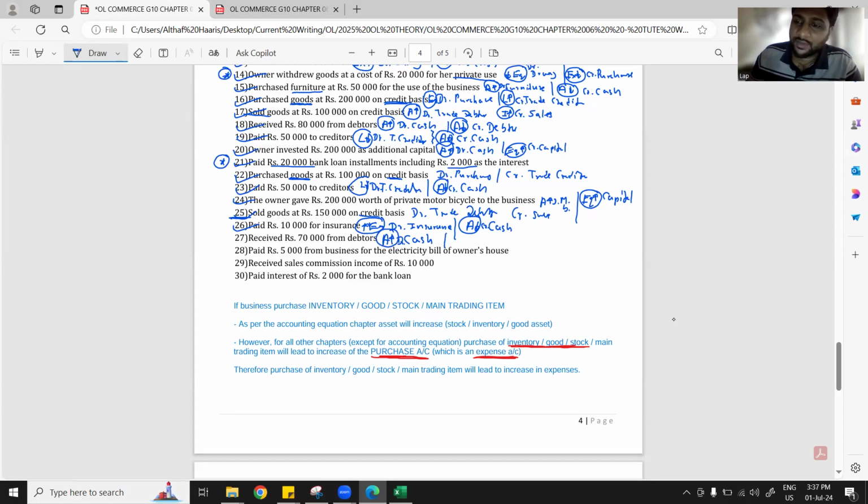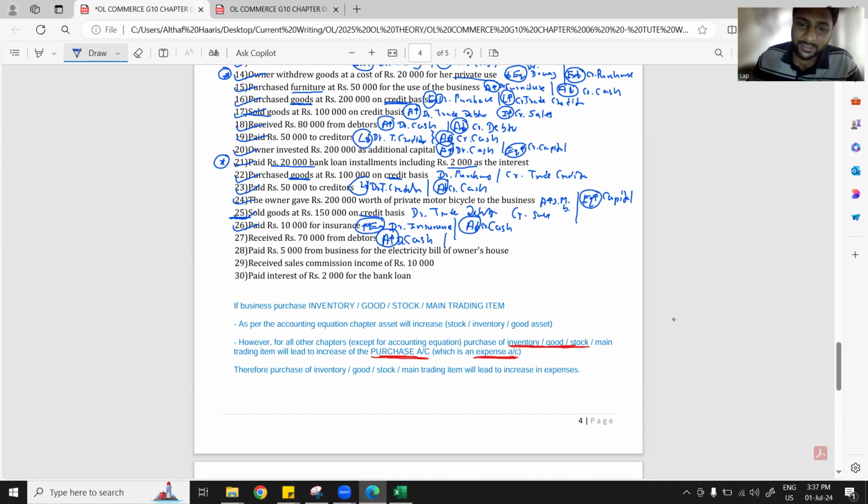And from the other side, what's happening? Debtors are giving me money, no? So when debtors are giving me money, I should reduce their balances. If I have a balance of 1 lakh, no point of keeping 1 lakh now because they are settling my 70,000. So I have to reduce that 100,000 to 70,000. So I have to reduce the debtors.